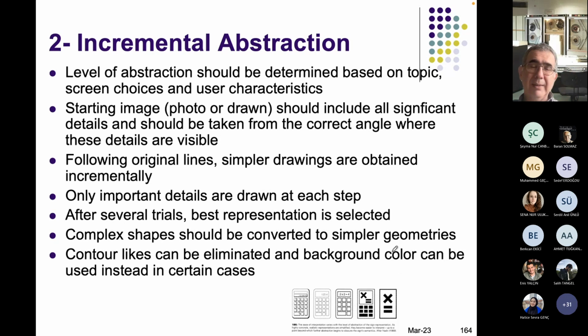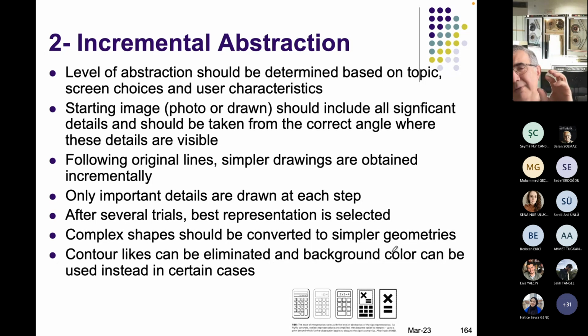And when designing the icon, start with an image and make some parts disappear. Unrelated parts, unimportant parts disappear. Only draw important parts, step by step. After several trials, you will end up with an icon.